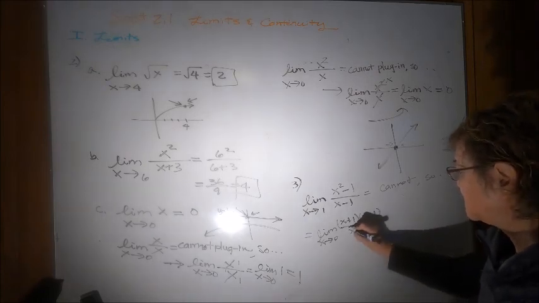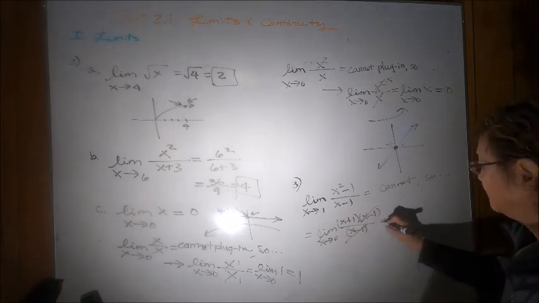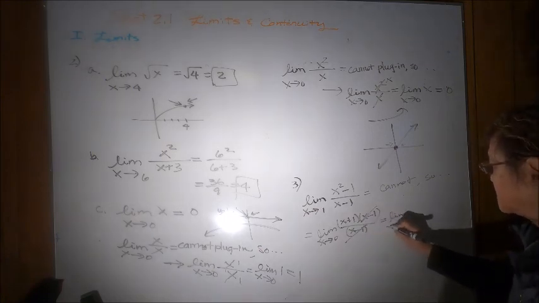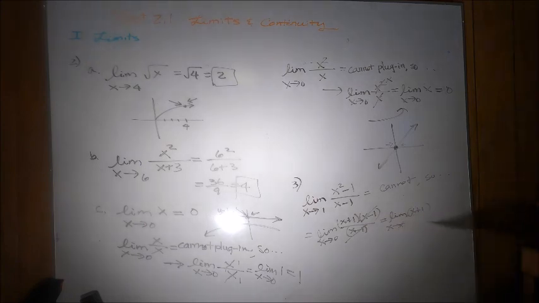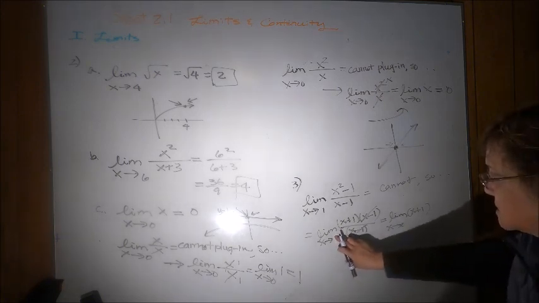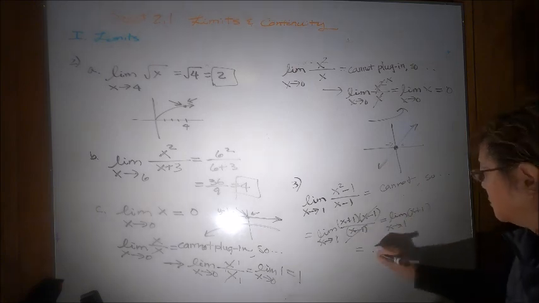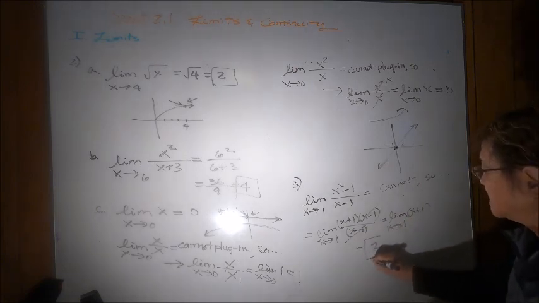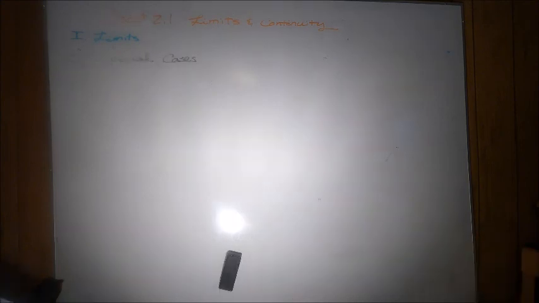So you cancel out the x minus 1. Then what do we have? The limit as x approaches 1 of x plus 1. Can we plug in directly? Yes, we can do that. So plug in directly, that would be 2.